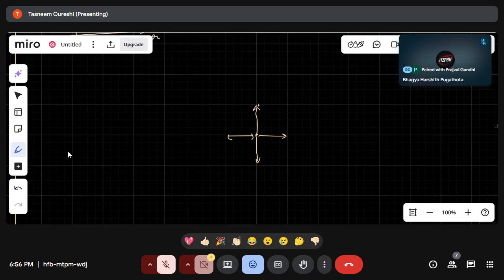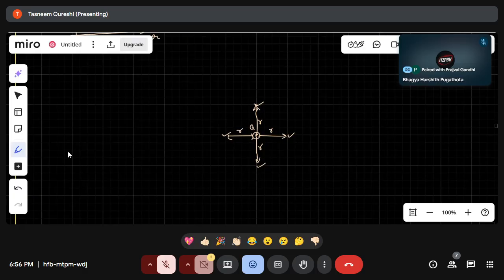If you want to write the field at these four points, your distances are same. R, R, this is also R, this is also R. And you have a charge in between. Say the charge is capital Q.